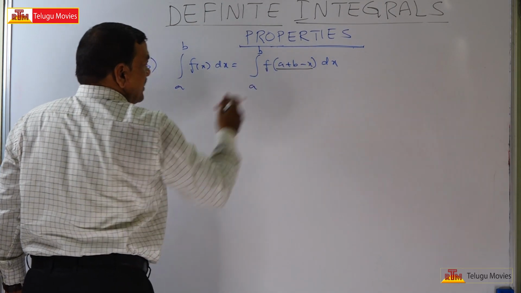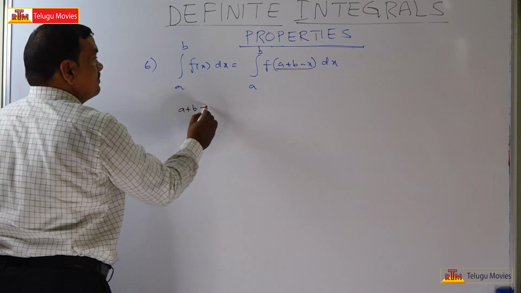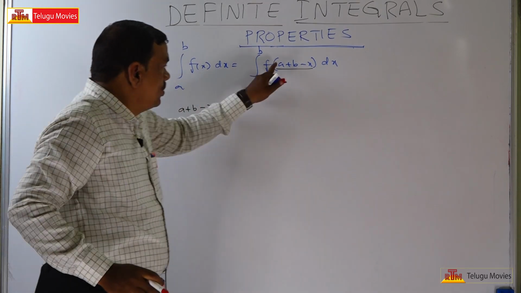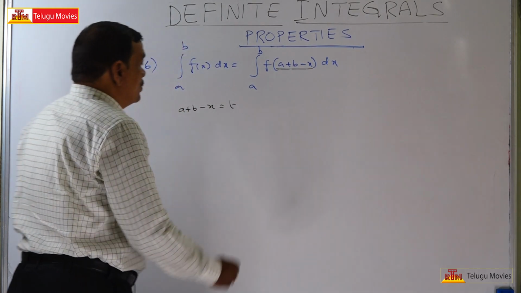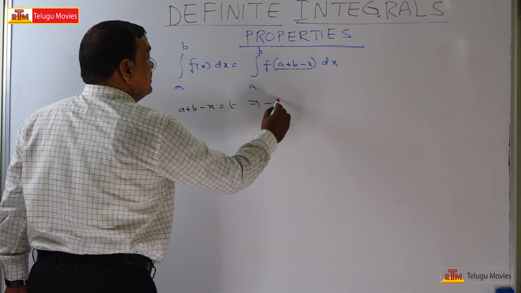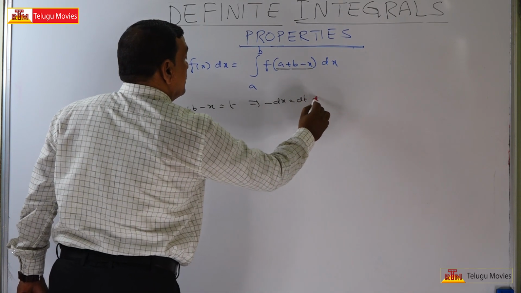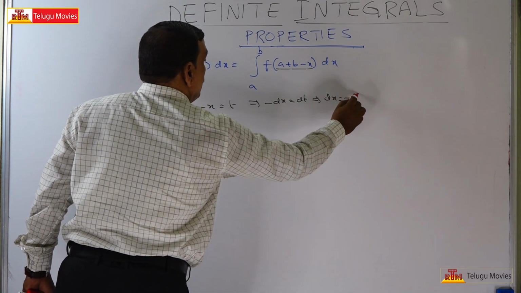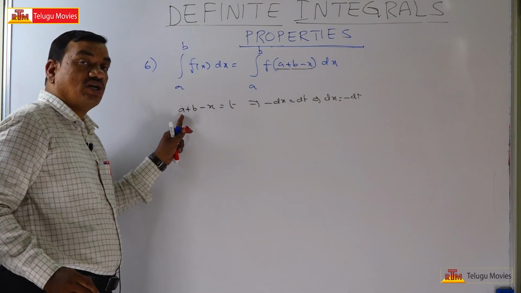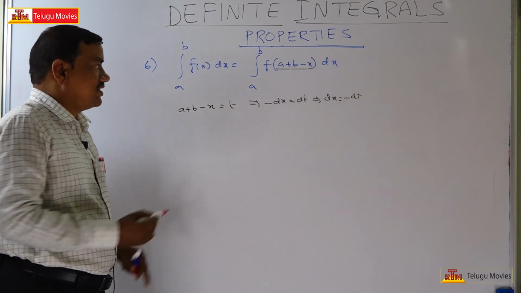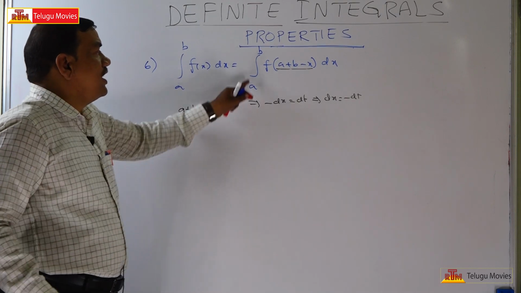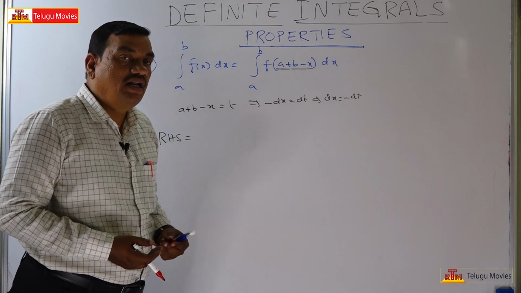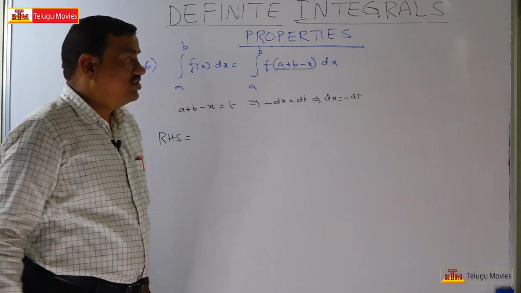Whatever may be that a plus b minus x, put it as t. So this implies minus dx is equal to dt, that implies dx is equal to minus dt. Why? Because here a is a constant, b is also a constant. Then the limits will also change.